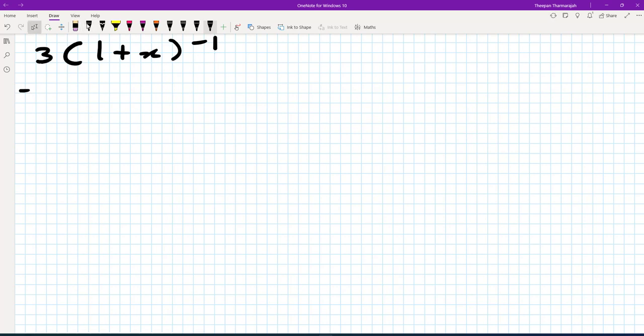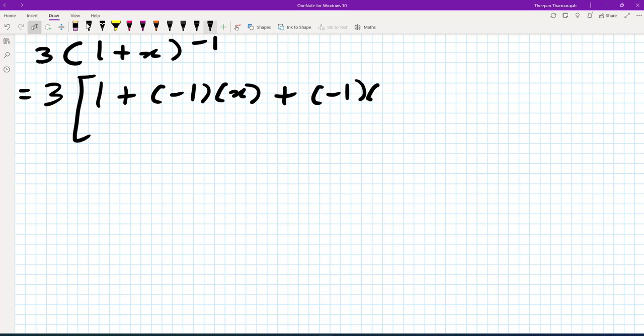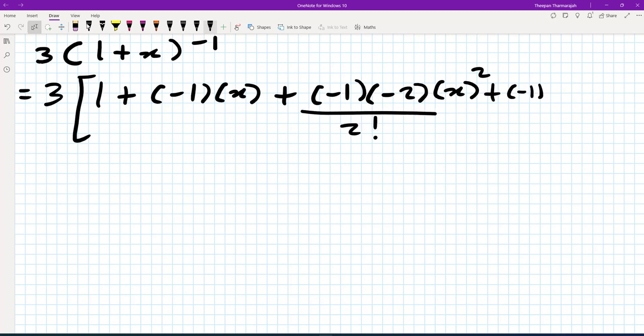We notice that's going to be 3, open a bracket here, we're going to get 1 plus minus 1 times x plus minus 1 times minus 2 times x squared over 2 factorial plus minus 1 times minus 2 times minus 3 times x cubed over 3 factorial plus other terms.